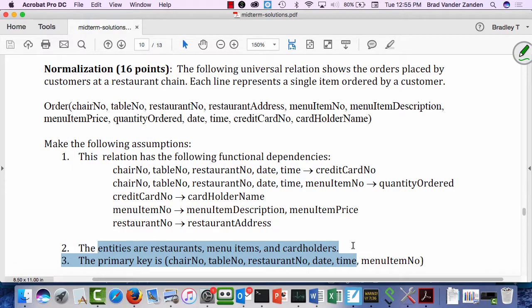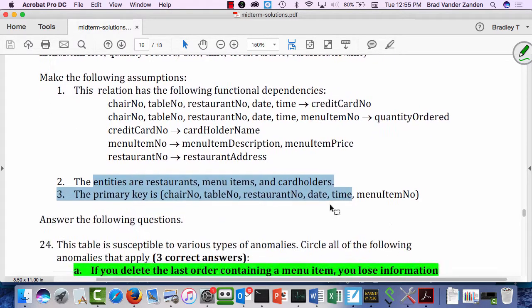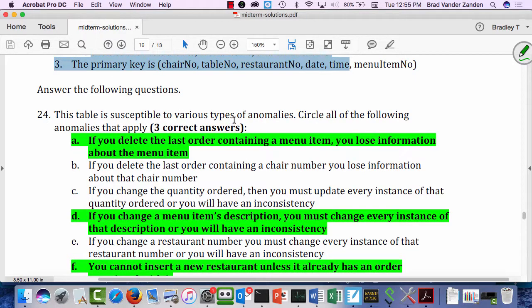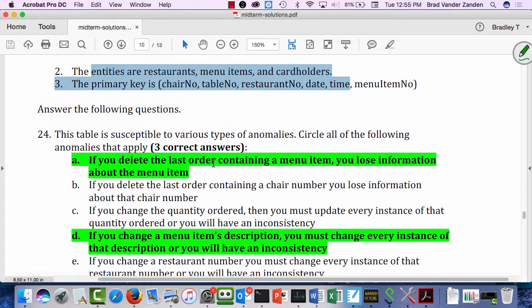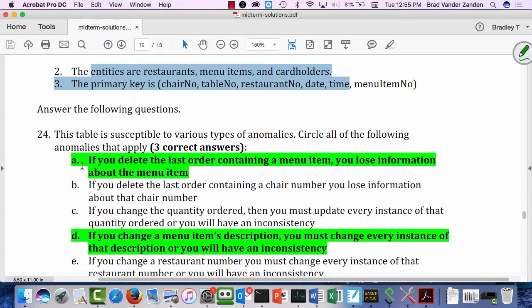So that would help you with the next problem, which was the table is susceptible to various types of anomalies. So I had an example, it turns out, of an insert anomaly, a delete anomaly, and an update anomaly. And the first ones were what would be potentially delete anomalies. A delete anomaly can only occur on an entity.